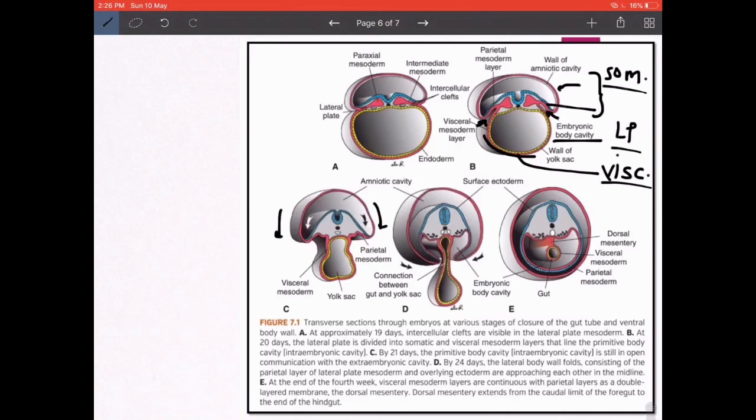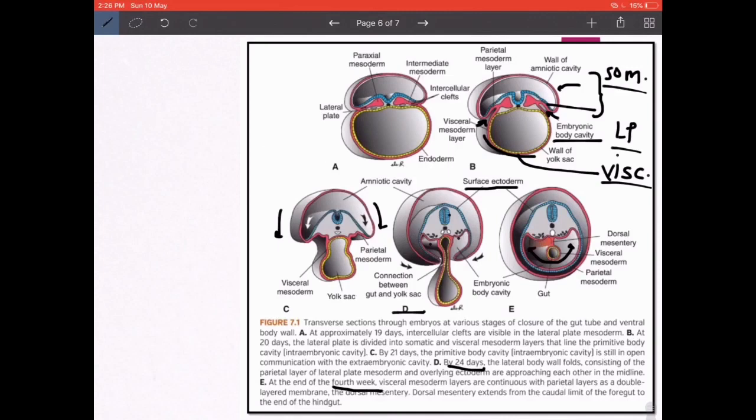By about 24 days, the neural tube is already formed. So whatever remains of the ectoderm is known as the surface ectoderm. And the surface ectoderm on either side eventually, by the end of the 4th week, literally connects to each other, and thus the intra-embryonic coelom on either side now becomes a continuous cavity that is going to form the future peritoneum.